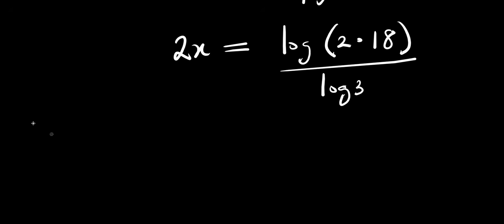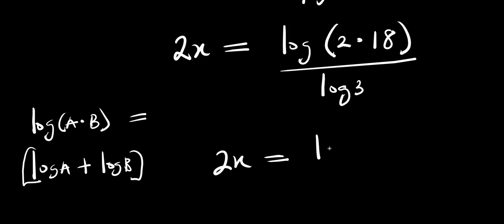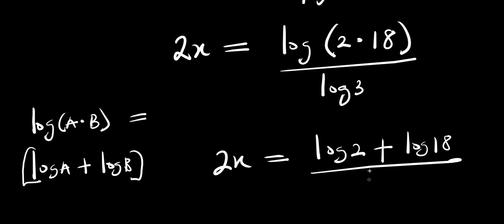Now, if you have log a times b, it equals log a plus log b. So we have 2x equals log 2 plus log 18, divided by log 3.